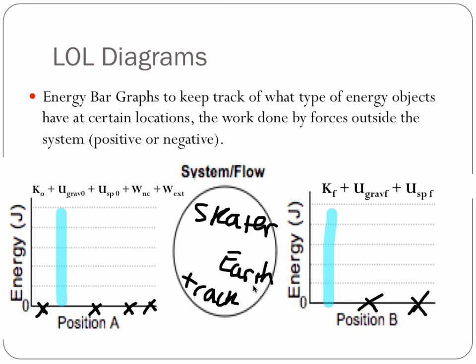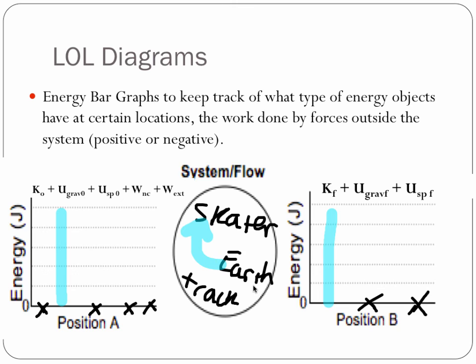So in my flow chart, I had 5 units of gravitational energy in the beginning. At point B, I have 5 units of kinetic energy at the end. So energy left the earth and went into the skater. Energy transferred because gravity did positive work, decreased the skater's potential energy, and transformed that into kinetic energy.